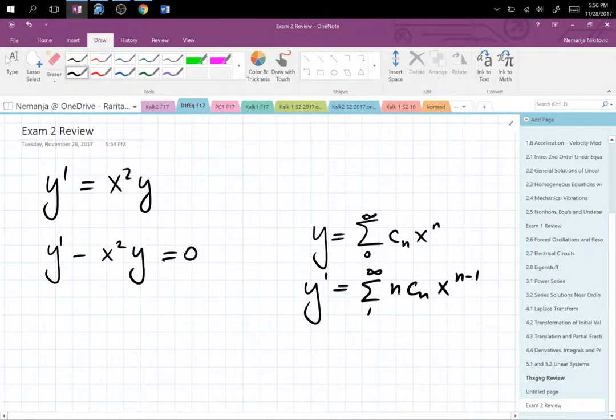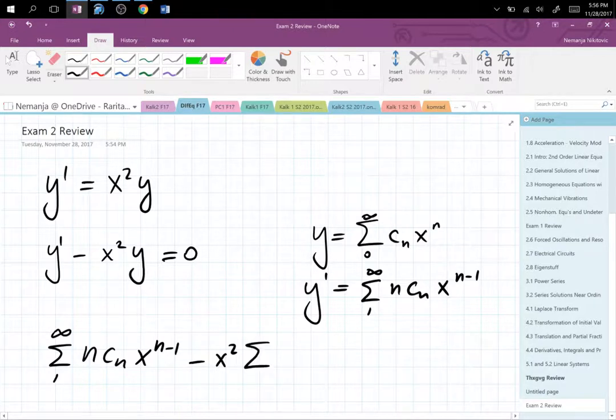And we are going to plug everything into our problem here. So we have summation 1 to infinity n cn x to the n minus 1 minus x squared summation 0 to infinity cn x to the n equals 0.